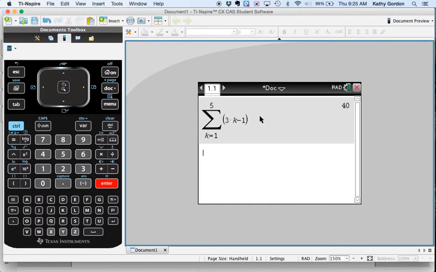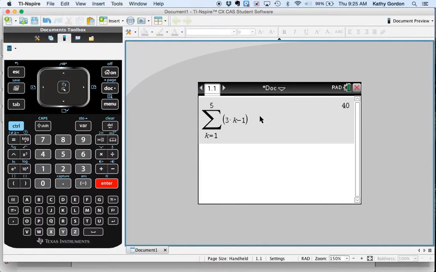So you can use this to check your answer to see that you're on the right track. But in terms of what you need to show me on a quiz or a test, I want to see your individual terms written out. Or what we're going to see with lesson 2 and lesson 3 is that there's certain formulas you can use to help you find the answer. I would want to see that work.